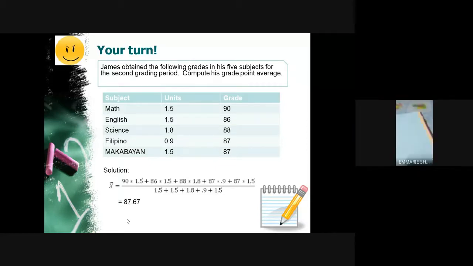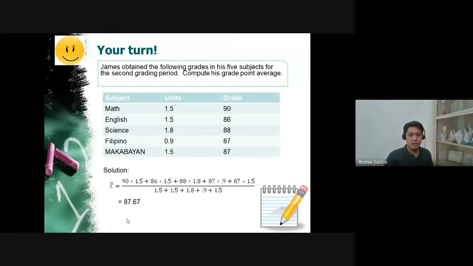Please, malakab sa akin, I did it to 7.2 and the result is 87.67. Wow, very good. Thank you so much, Miss Garin. So at least you can prove that you have made your own solution right before I flash the correct answer.